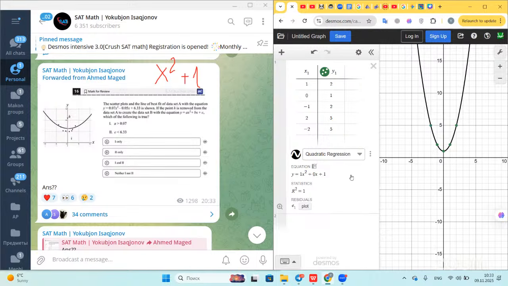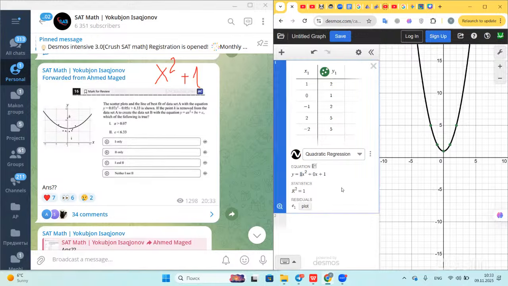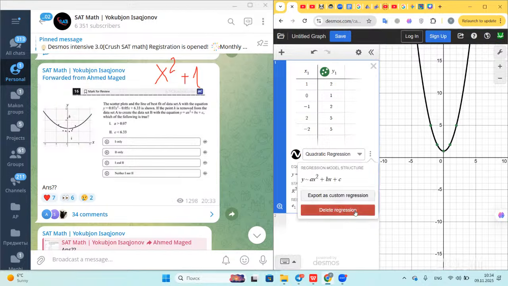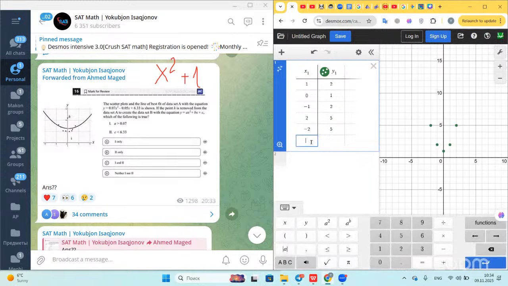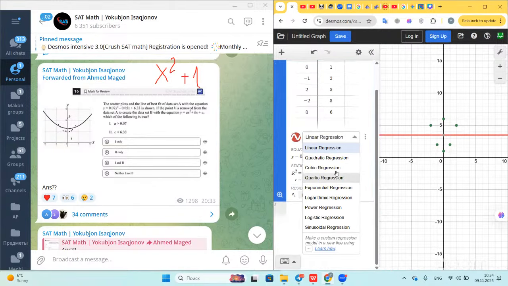So now everything reads. You can see in this question, the coefficient a is positive 1. What happens if I add one additional point to this quadratic? I will add a point at x equals 0, a very big value, let's say 6. Yes, 6 is pretty big. We do quadratic regression.